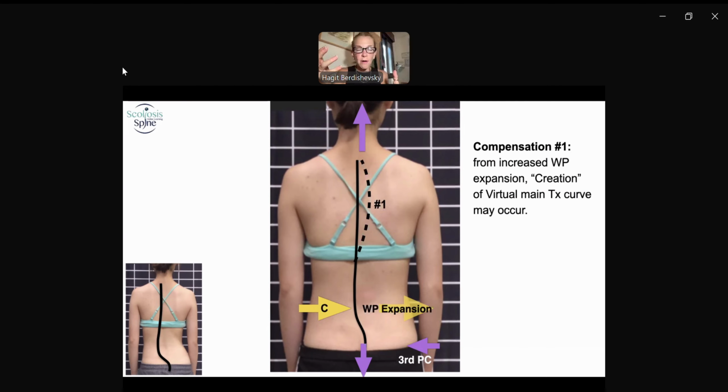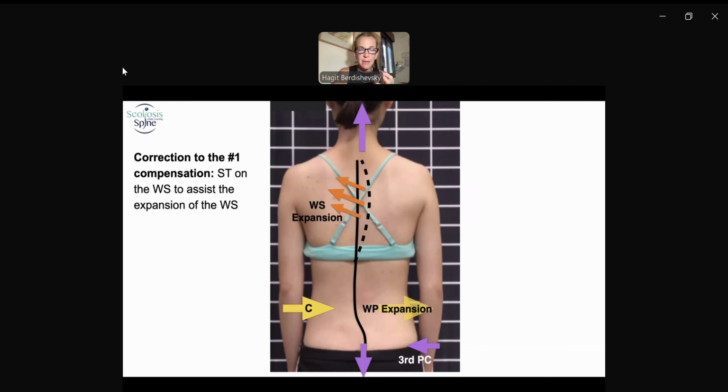So our role is to recognize that I see the ribs, the thoracic, coming to the right, creating themselves a thoracic curvature, and I need to do something immediately about it. What will I do? I will do exactly what I did in 4C.